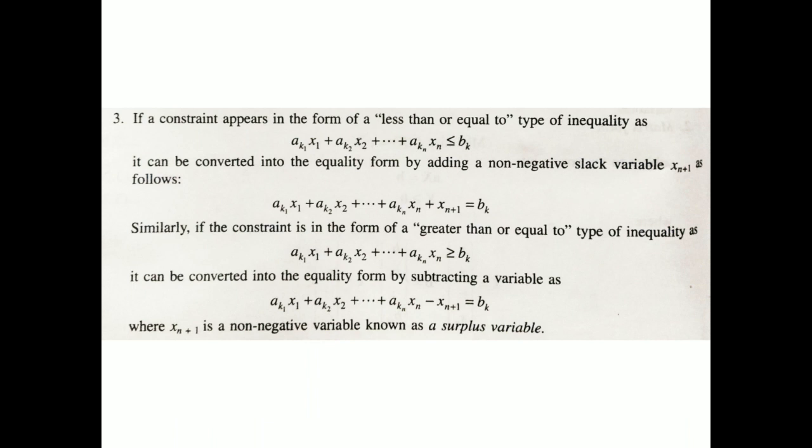Similarly, if the constraint is of greater than or equal to type, I can convert it into an equality by subtracting a variable xn plus 1, which is a non-negative variable known as the surplus variable.